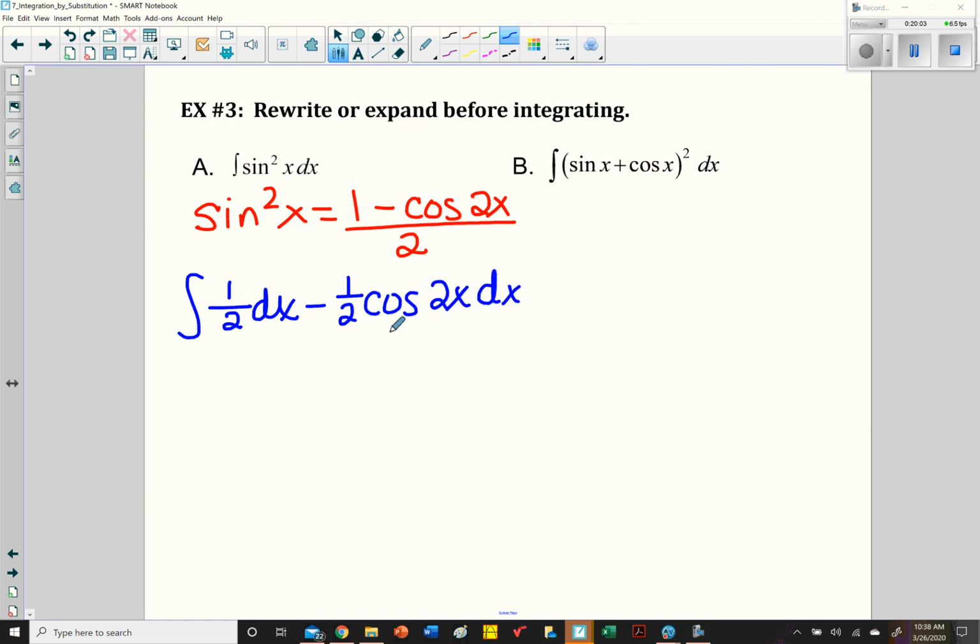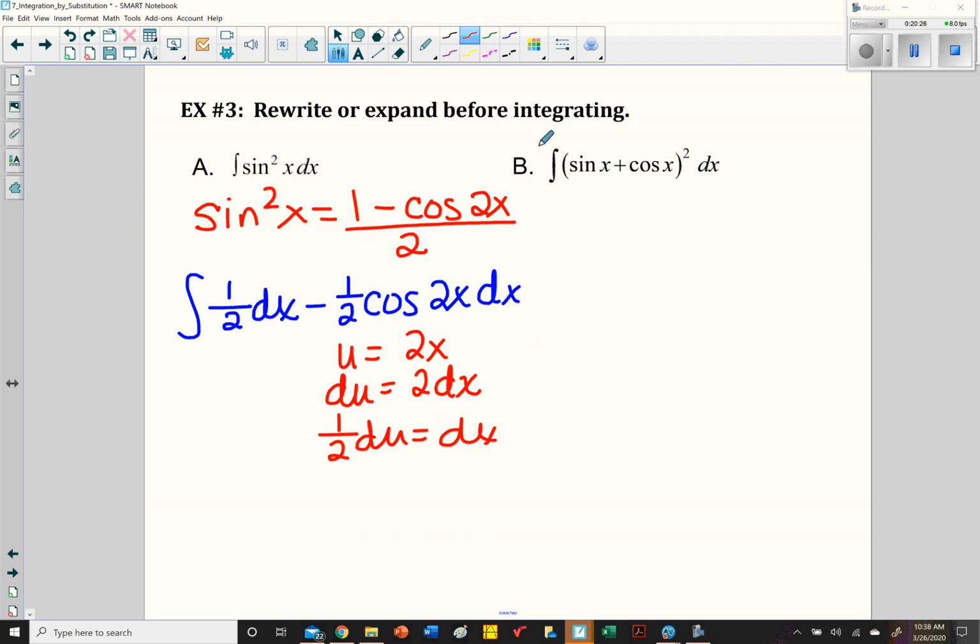And in this case, this is the piece we're going to use for a u substitution, since in this part u could be 2x. The derivative of 2x is 2. And we don't have a 2, so we'll divide by a half and pick up from there.